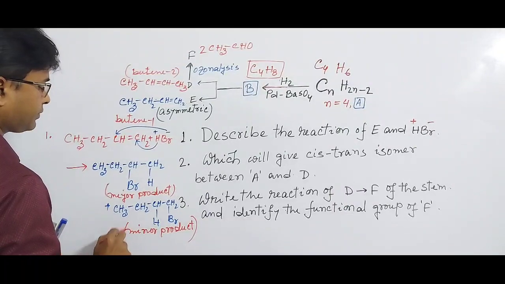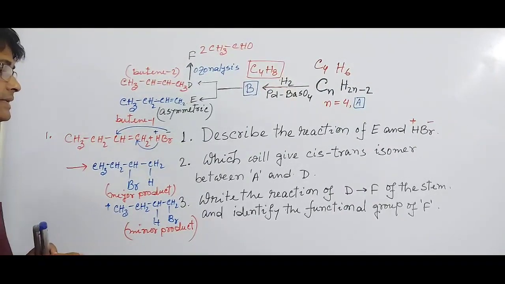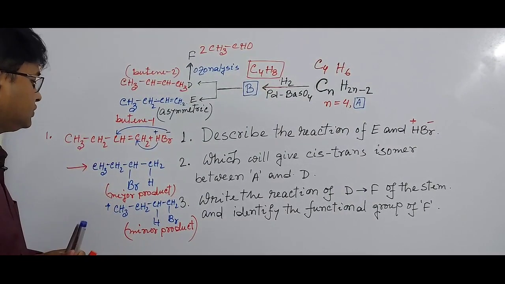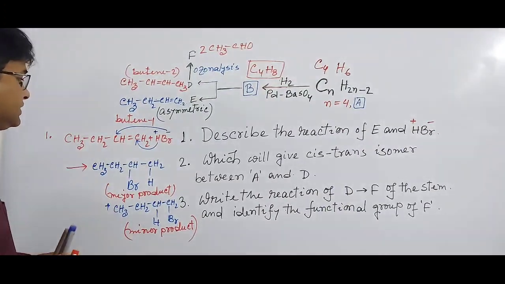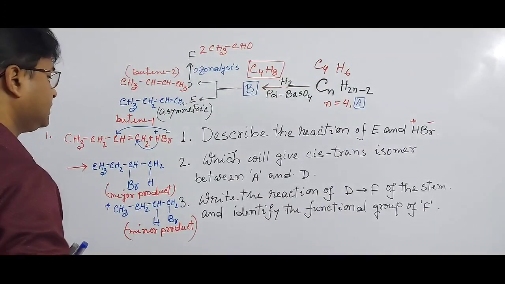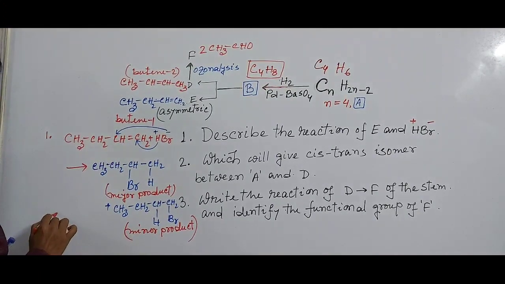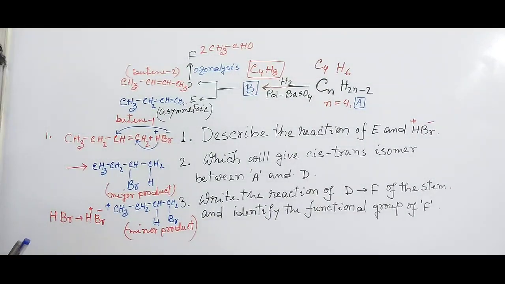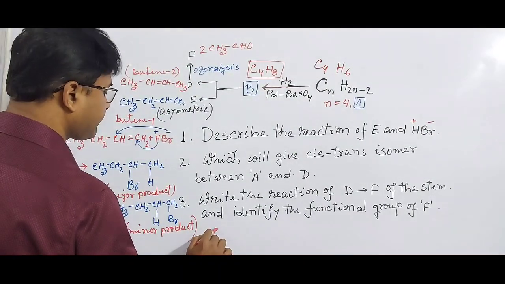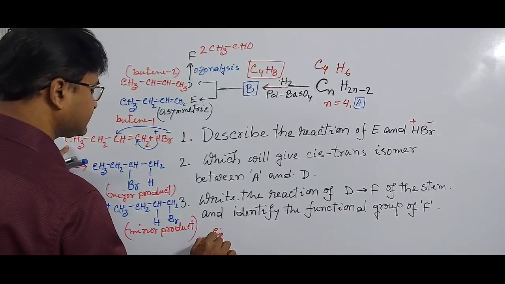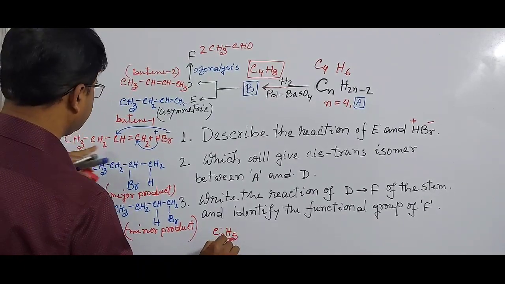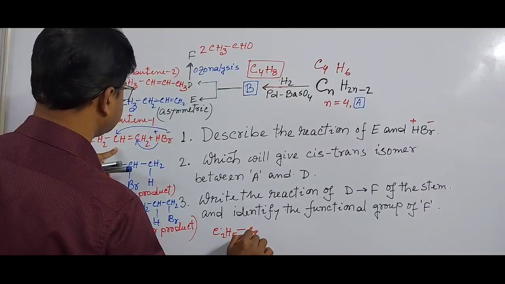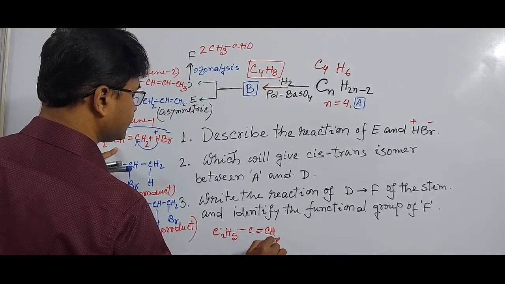So I can show you the mechanism of this reaction. Here hydrogen bromide ionizes to produce hydrogen ion and bromide ion, and this I can write here as C2H5 bond CH double bond CH2.